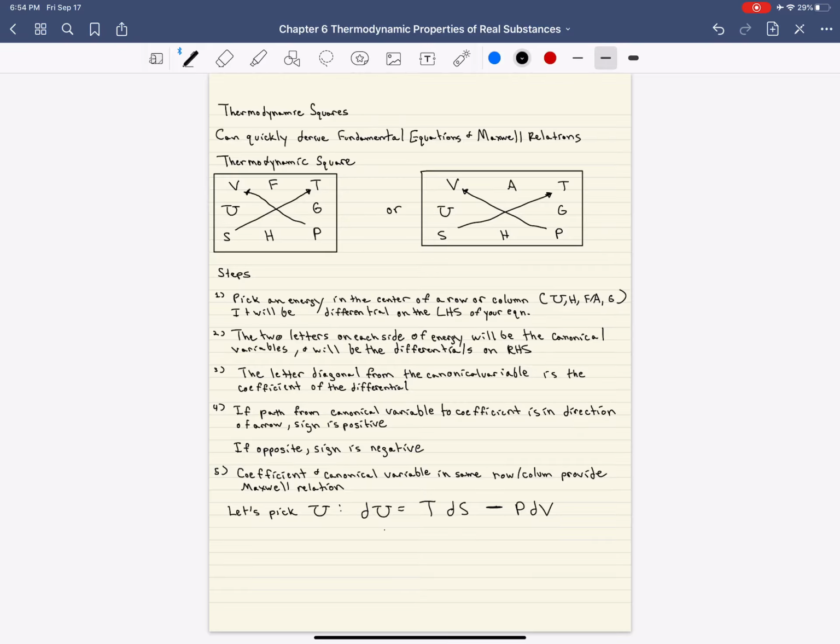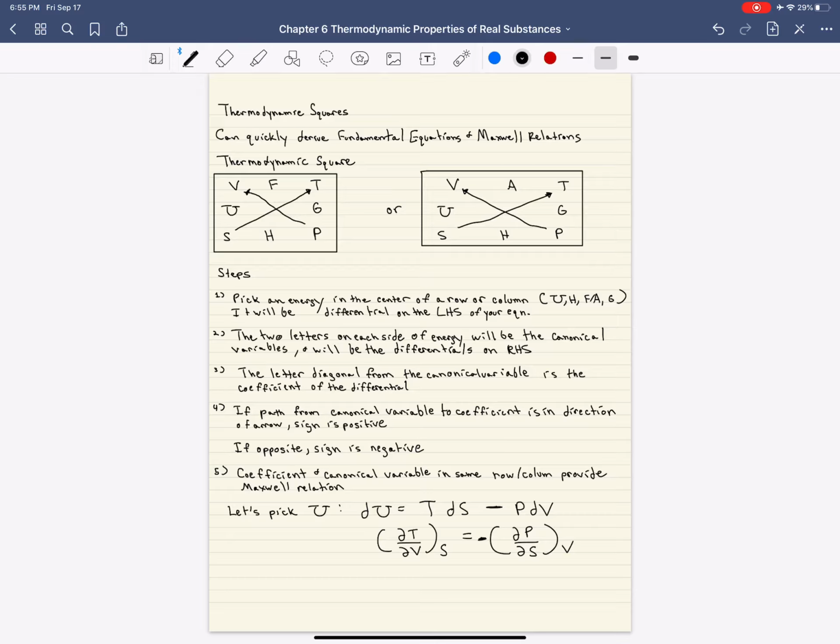So for our Maxwell relation, we would write dT/dV at constant S, equal to, now we go to the other side, coefficient is P, canonical variable is S, so dP/dS at constant V. And there's also the negative sign, we can't forget that.